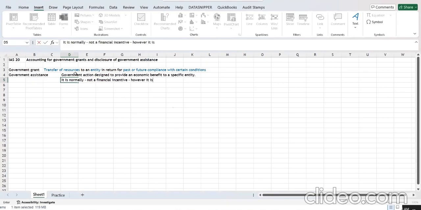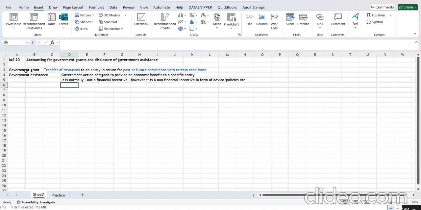However, it is a non-financial incentive in form of advice or policies, etc. Right?